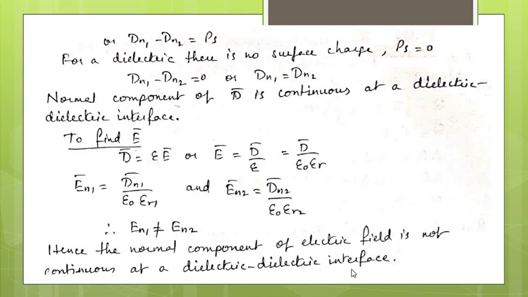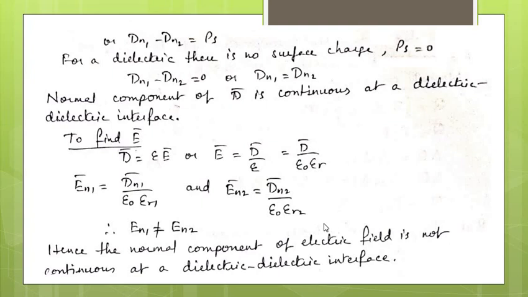So I hope I am clear. To solve for any of such boundary conditions, whether it is a dielectric or a dielectric conductor, we can solve for dielectric free space, for conductor free space also. So the procedure is simply the same. We need to start with the Maxwell's equation for tangential component, that is closed line integral of E dot dl is equal to 0.